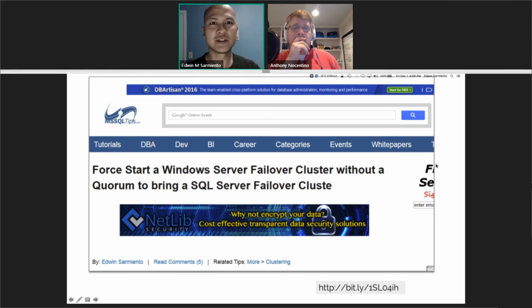Now when you force the cluster to go online, the question is, what's the new value? Is it the old one or is it the new one? The cluster will then dictate what the value would be, okay? If you bring the cluster online and you force start the cluster using the node that was running the primary, then you're good, okay?